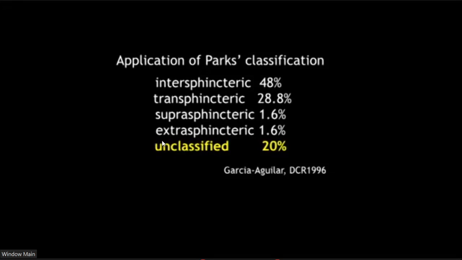He said intersphincteric 48%, which is too high. I do not believe it. Transsphincteric 28%, suprasphincteric 1.6%, extrasphincteric 1.6%. But he could not put the fistula into the Parks classification in almost 20%. It means that the Parks classification is not reliable at all.